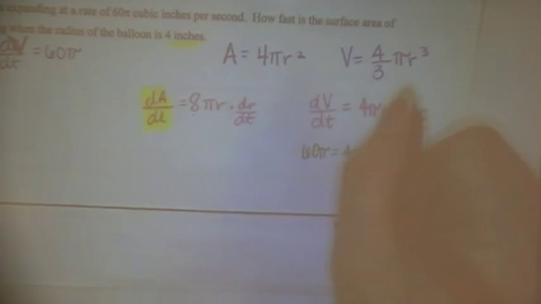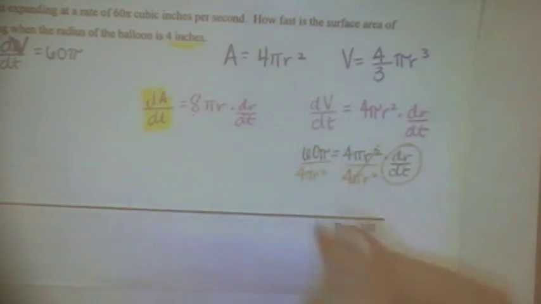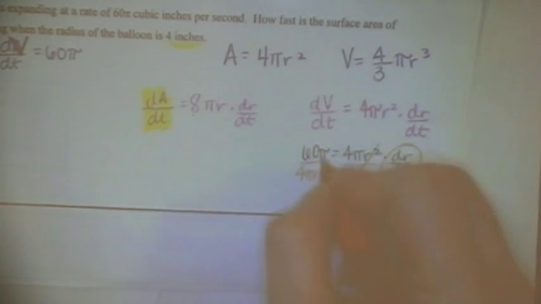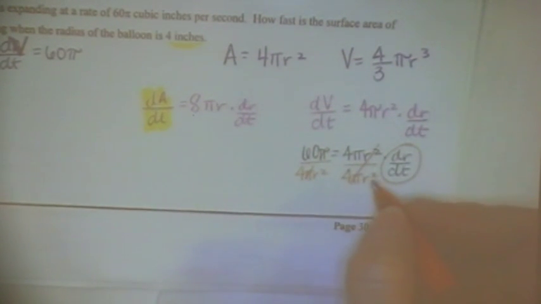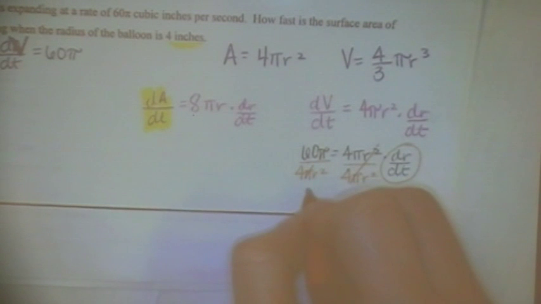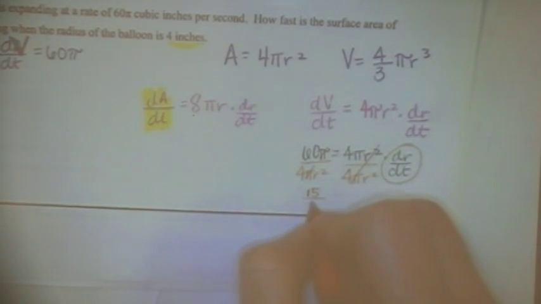I can go ahead and plug in the 4 if you want to, or we can plug it in over here in just a minute. So my pi's cancel. 4 goes into 60 15 times. So I have 15 over r squared equals dr/dt.